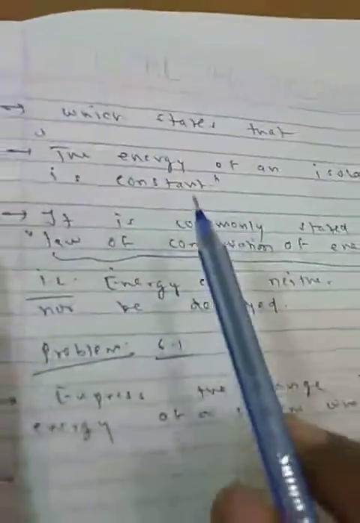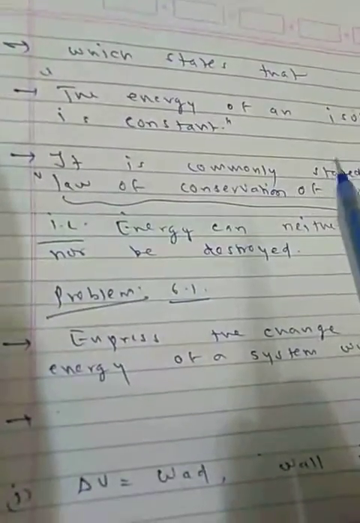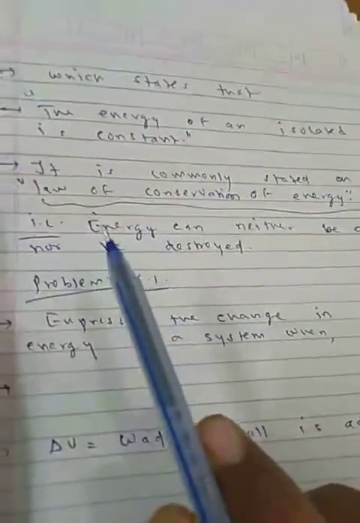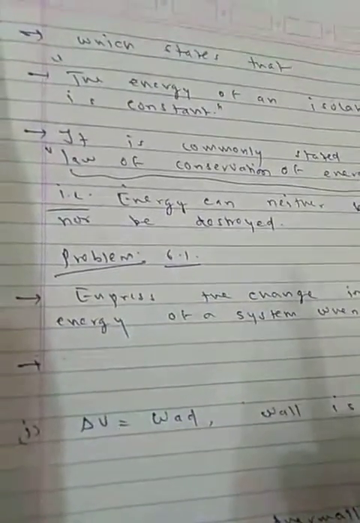Now which states that the energy of an isolated system is constant. It is commonly stated as the first law, as the law of conservation of energy. That is, energy can neither be created nor be destroyed.